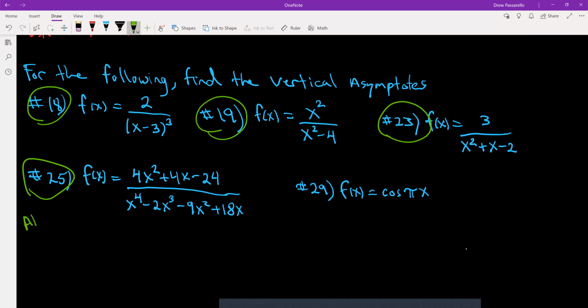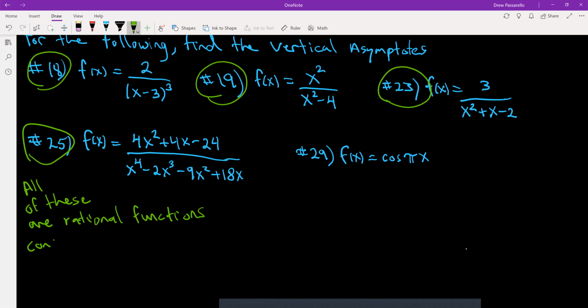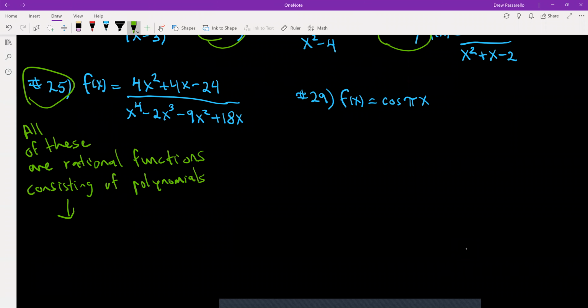So all of these are rational functions consisting of polynomials only. So since that's the case, I will apply the strategy that I had written earlier.